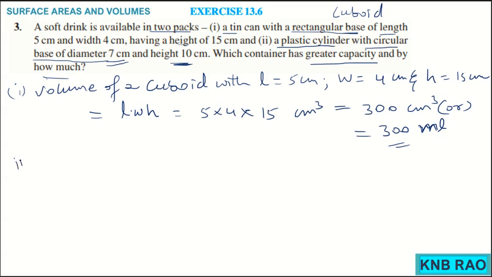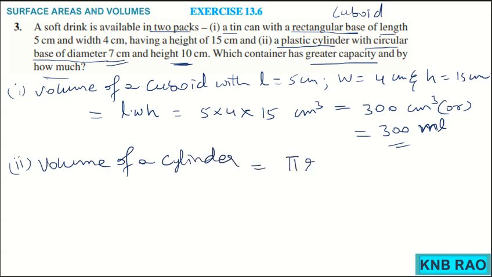Now the second one, we will go for finding volume of a cylinder. You know volume of a cylinder is found using formula pi r square h, where base radius we need to have. Here diameter is given, so half of it, that is 7 by 2 centimeter, is radius. Height is given as 10 centimeter.